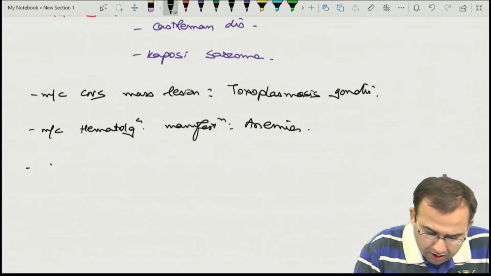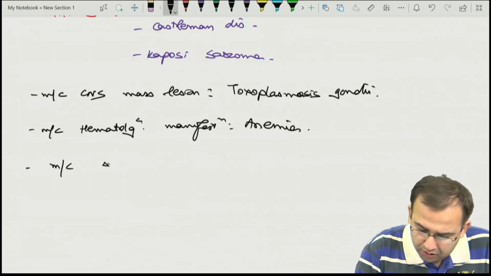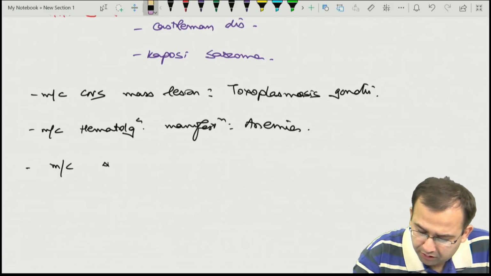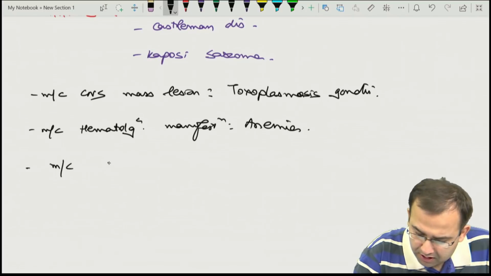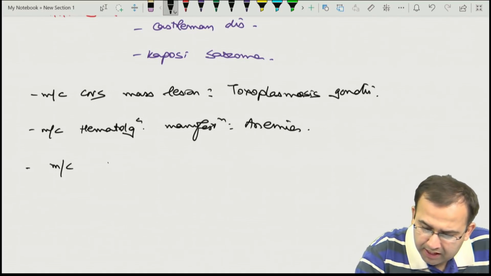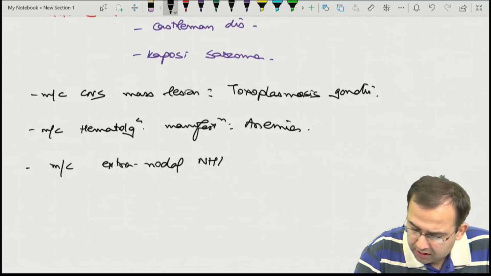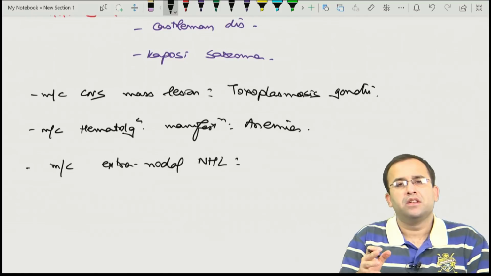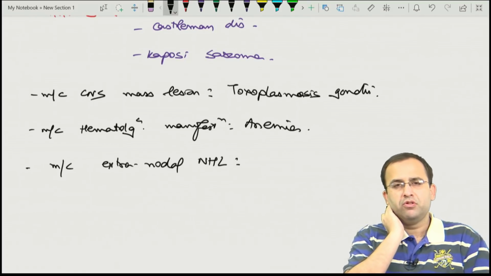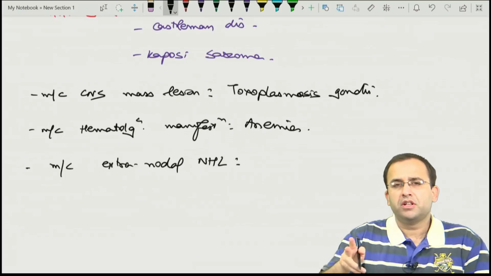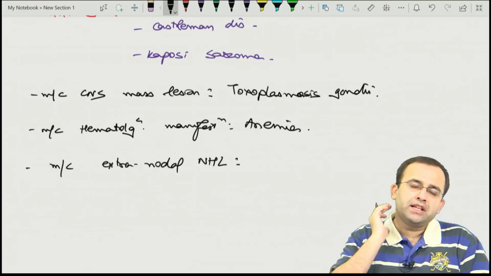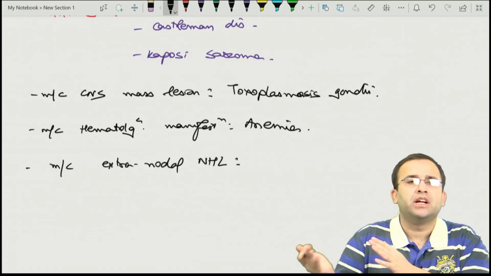Next question. Most common extranodal site of non-Hodgkin's lymphoma. Put a star on this. What do we mean by this? Lymphoma is malignancy of lymph nodes. Lymphoma is of two types, Hodgkin's and non-Hodgkin's. Extranodal means occurring outside the lymph node.